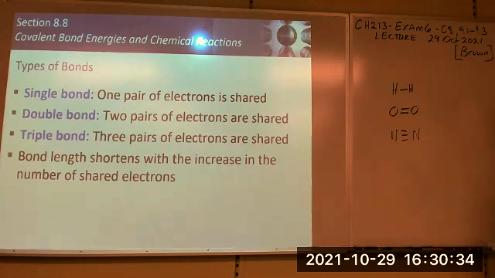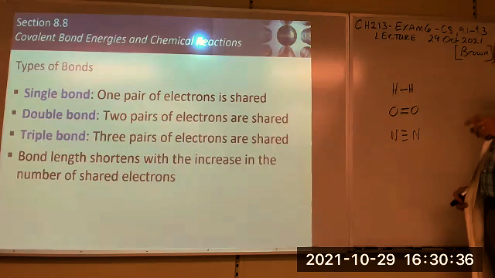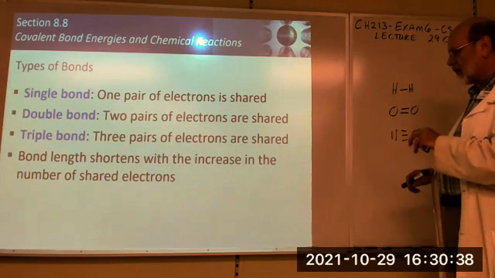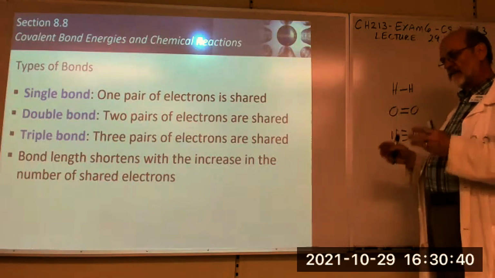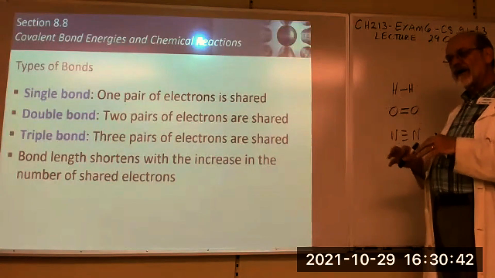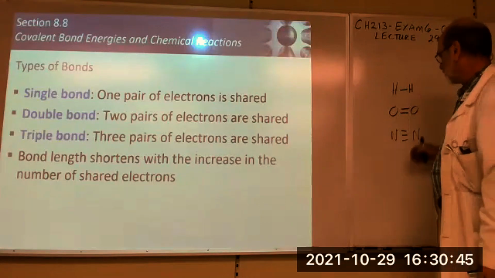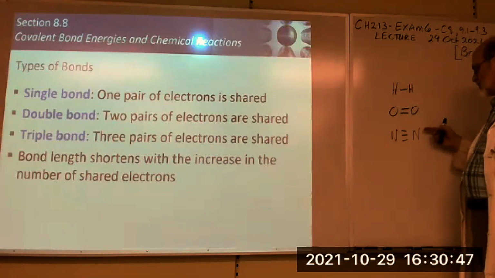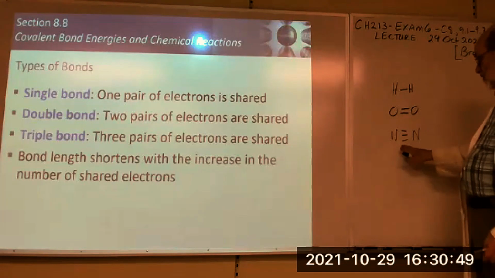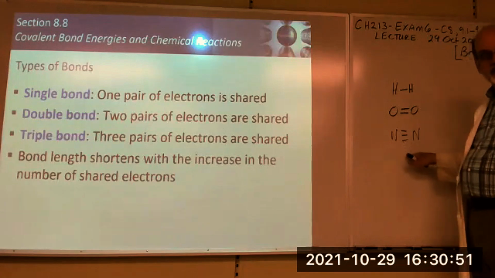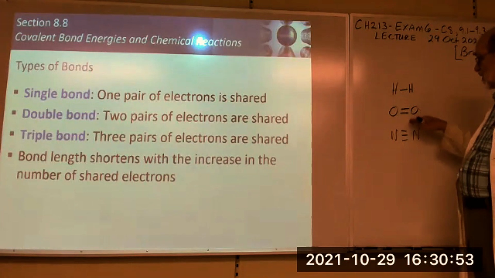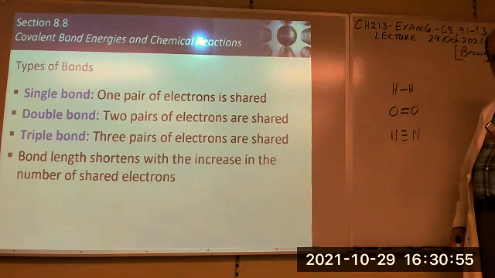And I'll eventually show you why that is when we start talking about models for bonding. But it is shorter, and it takes more energy to break this bond than it does to break this one than it does to break that one.